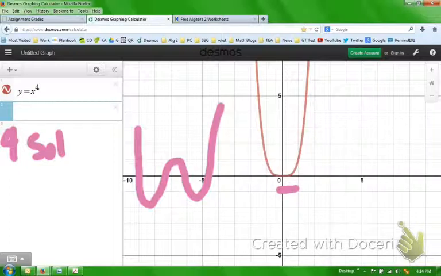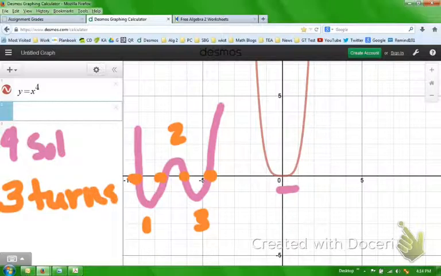And that means we have some opportunities for solutions. We have 1, 2, 3, 4 solutions, but if you notice, we have 1, 2, 3 turning points. And those are going to be your maxes and mins. Now, on your even graphs, both the ends go in the same direction. That's really important to remember.